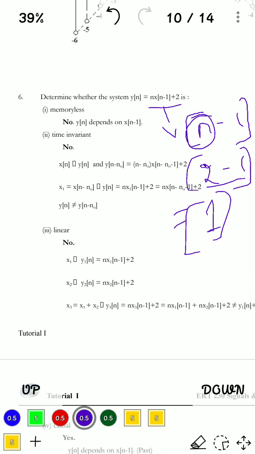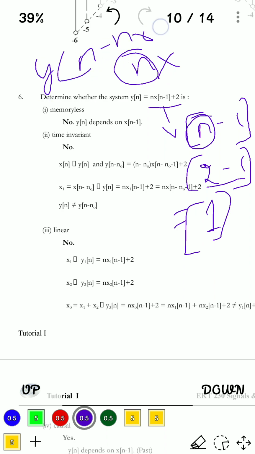You can say directly. So here, is it time invariant? It is not time invariant. Why? Because here you can see it is n x. So you have another x, wherein when y of n minus n naught comes into picture, for the n also we substitute n minus n naught.